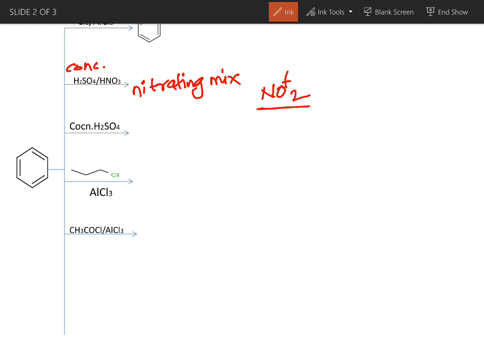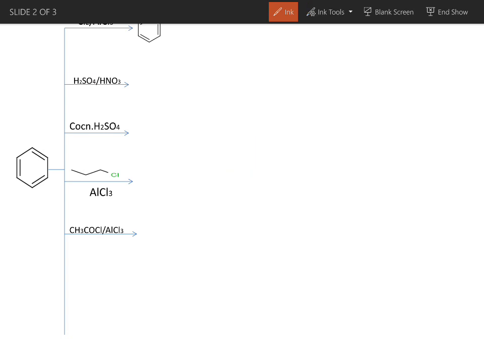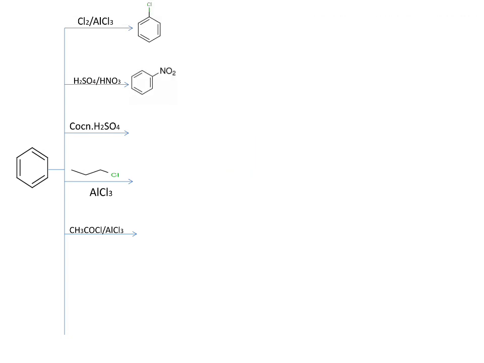This NO2+ is called nitronium ion. This NO2+, which is acting as electrophile, gets introduced on benzene ring and forms a carbocation. Again, carbocation is stabilized by resonance. It will lose a proton and forms the compound nitrobenzene. So the product of the second reaction is nitrobenzene.